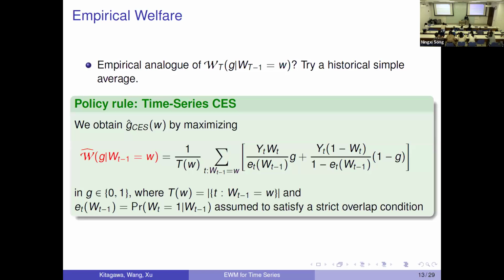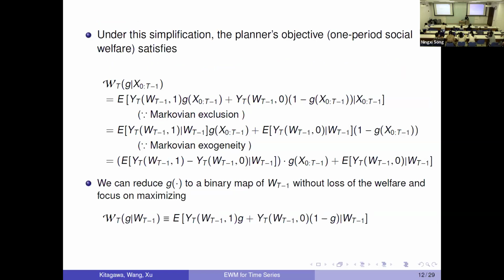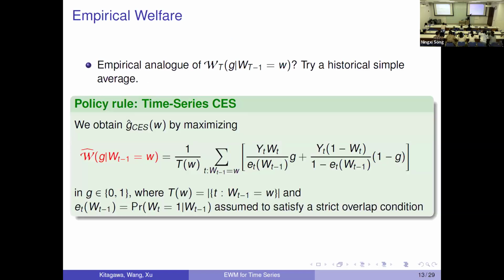In this case, we can construct our empirical welfare, which is the feasible object we use to derive our policy choice. This empirical welfare is basically a sample analog of what we have presented here. We use the average over a selected subsample to represent this conditional expectation, where the indicator selects those observations in the history which satisfy this condition.